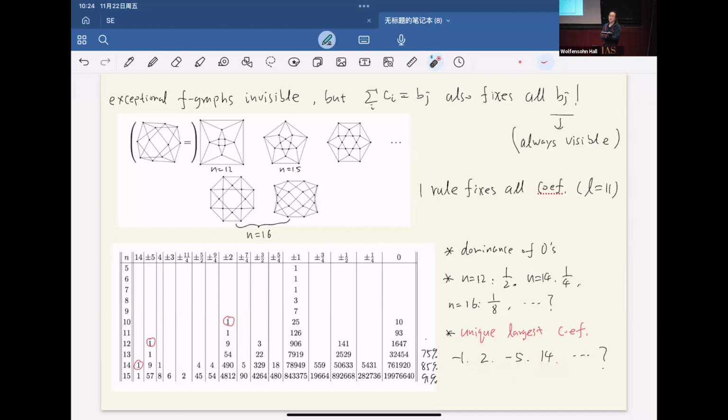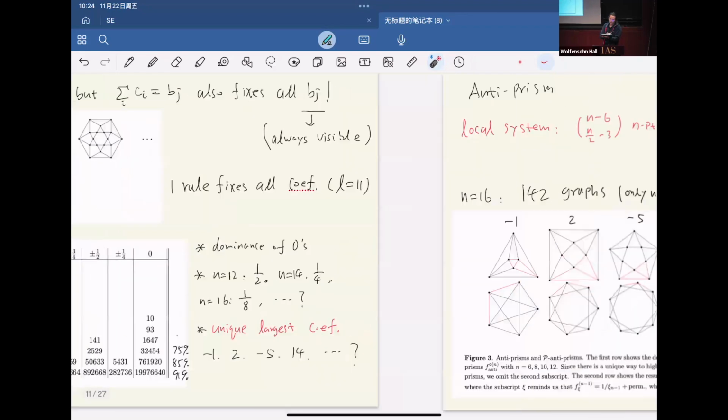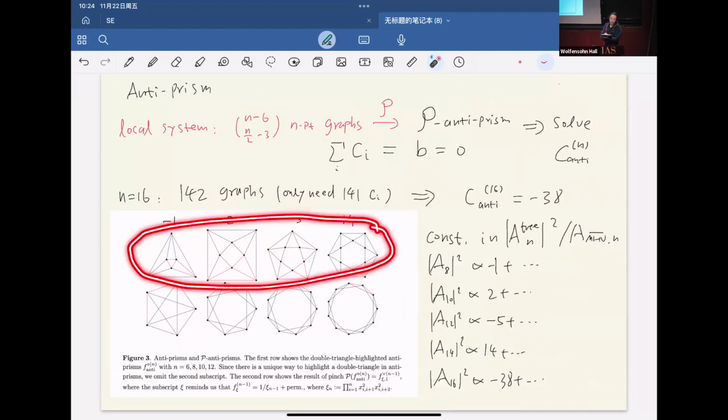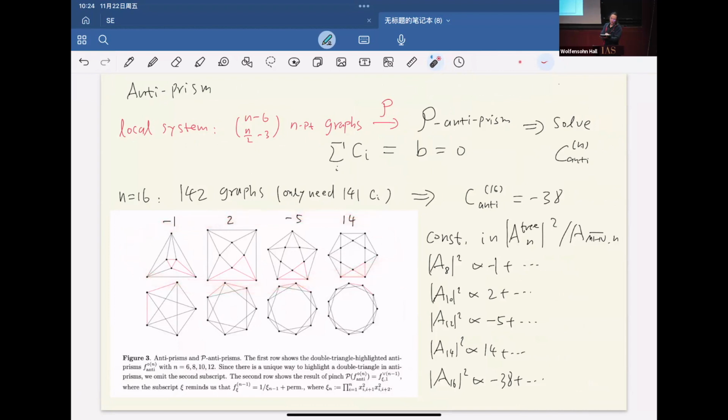So you may wonder if this is Catalan, the unique graph at even order. I mean, this graph is very special. This graph looks like this so-called anti-prism. You can draw some n-gon and connect them in this way. So this is the 6.1, this is the 8.1, 10.1, 12.1. They have coefficients -1, 2, -5, and 14.